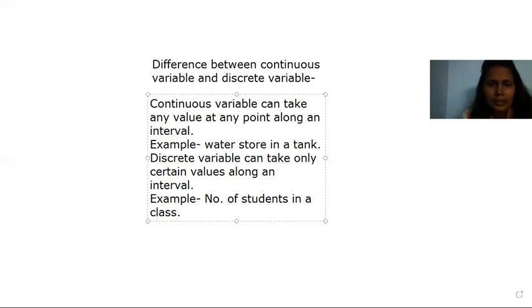Number of students in a class can't be 40.5, but water stored in a tank can be 40.5 liter. So this is the basic difference between the continuous variable and discrete variable.